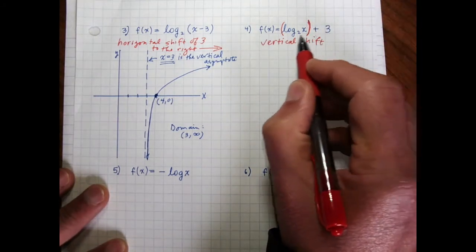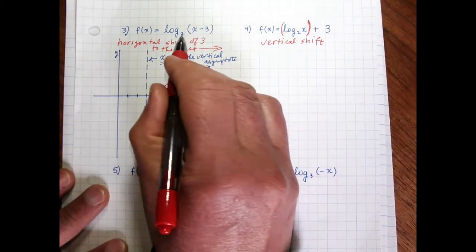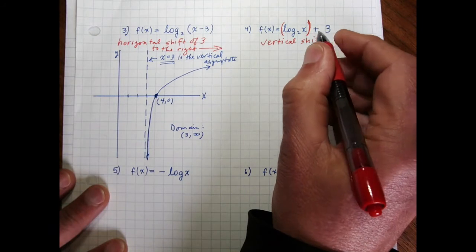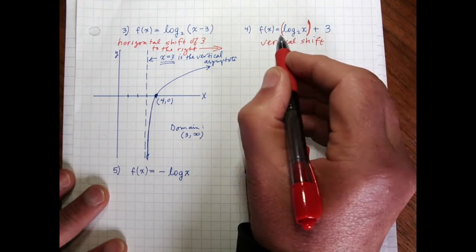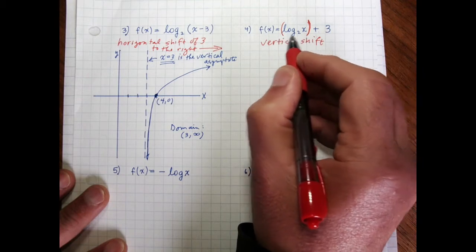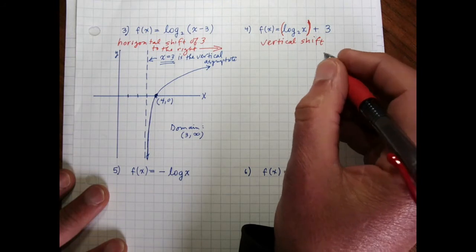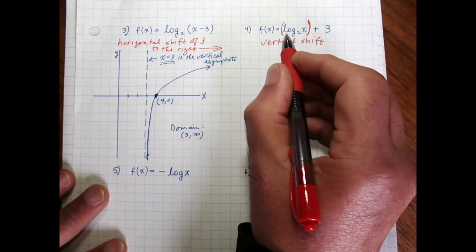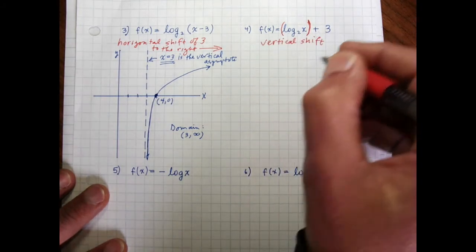The plus 3 is outside of that unless there's other parentheses like we had in example number 3. So it should be clear from the notation. You could always write the parentheses if that makes things clear. I think in typography in a textbook, I don't think there's going to be an issue, but just be aware it's understood if there are no parentheses that the log base 2 of x is grouped with the 3 outside.